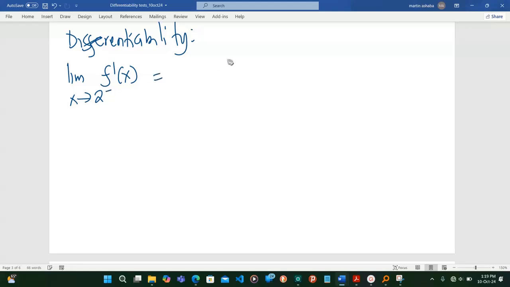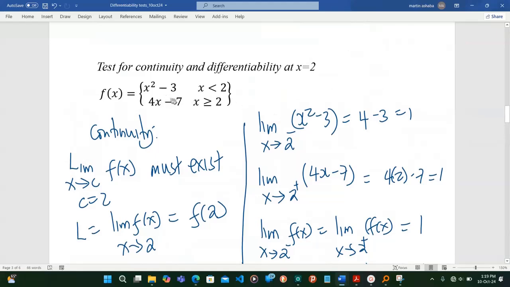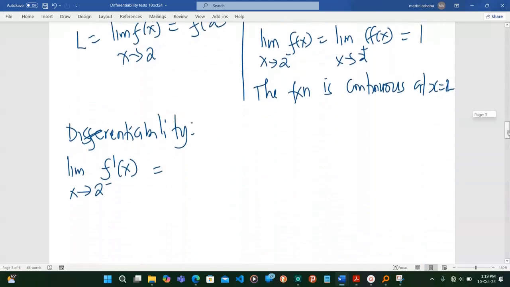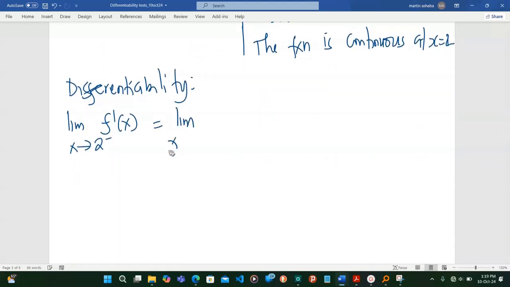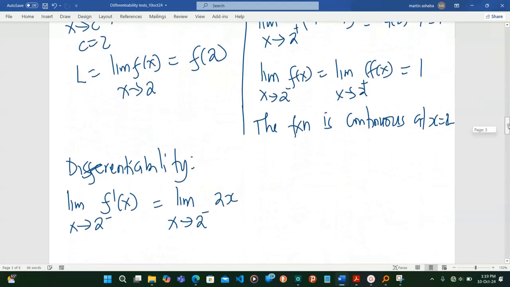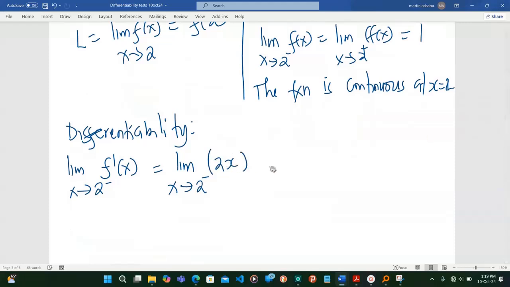This is the same as if we differentiate the function f of x from the left, this is going to be 2x minus 0. So this is going to be the same as the limit as x tends to 2 from the left of 2x. So let's put in our value. This becomes 2 times 2, that is equal to 4.